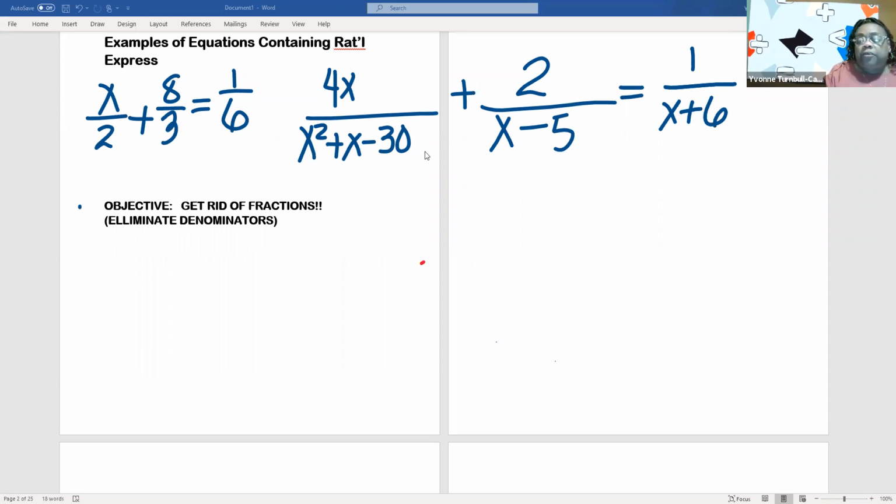When you factor and find your LCD, you multiply each term by the LCD. By doing that, it helps you eliminate the denominator. Let's make note of that.